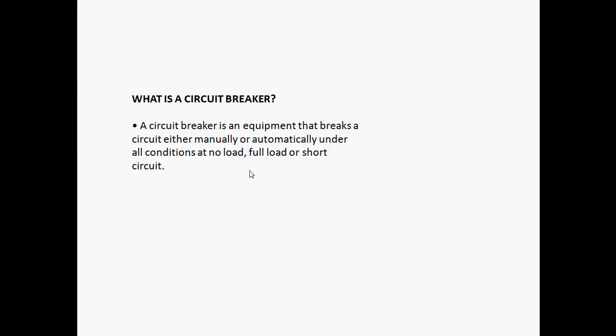Automatically means when a short circuit occurs, it must automatically break, and the load may be no load to full load, any load present on that breaker or line. Hence a circuit breaker breaks a circuit either manually or automatically.